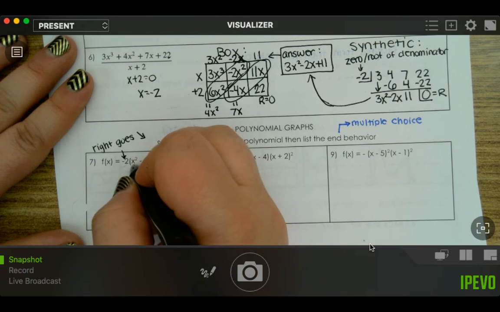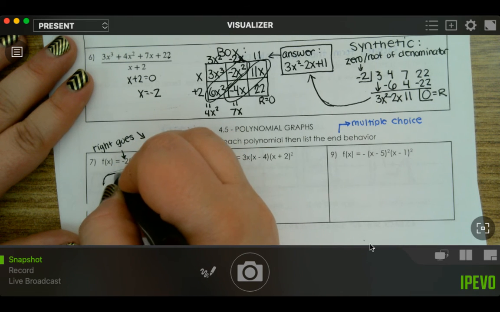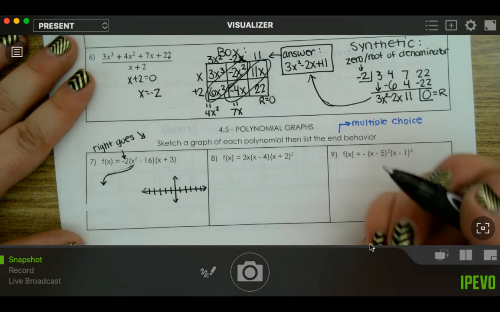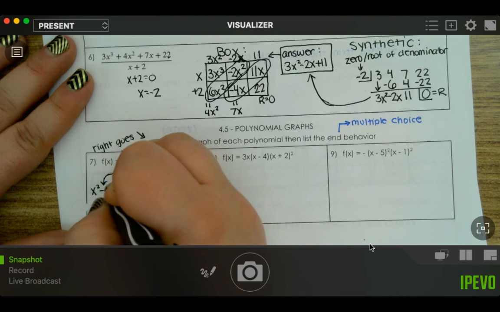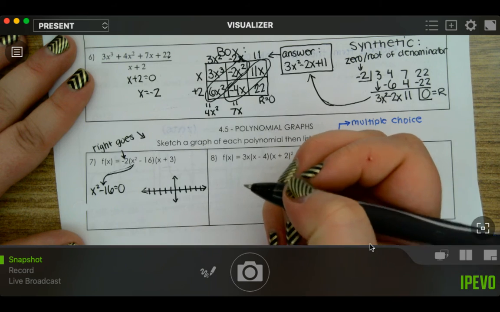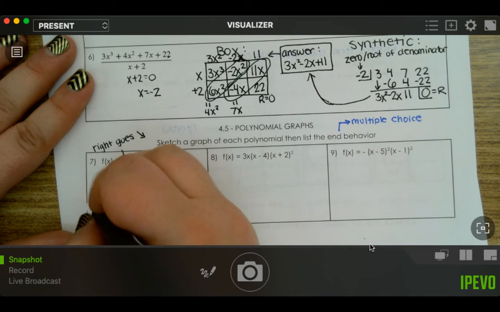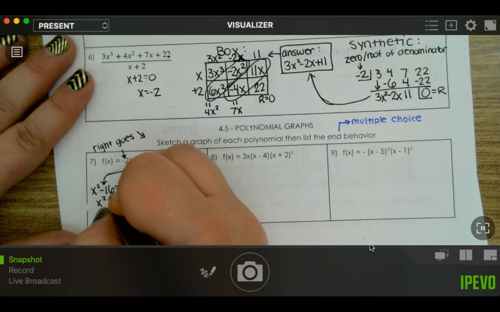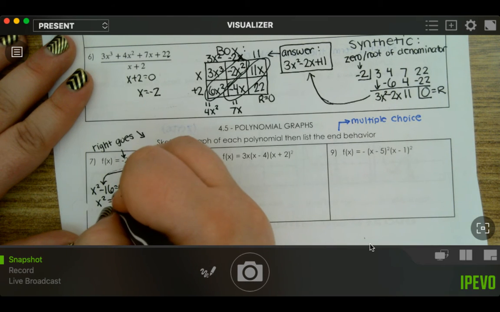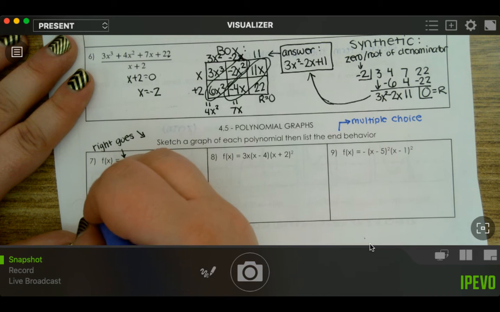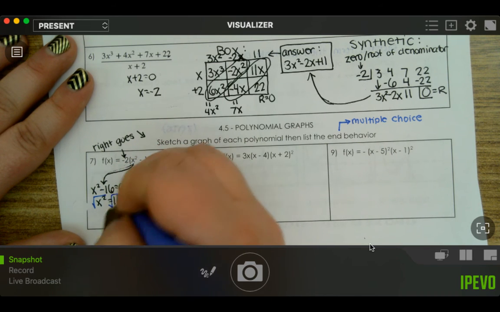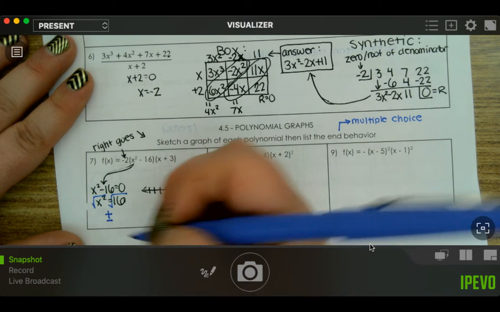And then your first set of zeros is going to come out of here. So this is an x squared. Remember that you're setting it equal to 0 to find the zeros. So you would add 16 to the other side. And then you need to get rid of the squared because you don't want to know what x squared is. You want to know what x is. And whenever you do the square root, remember that you have to have a plus and minus.